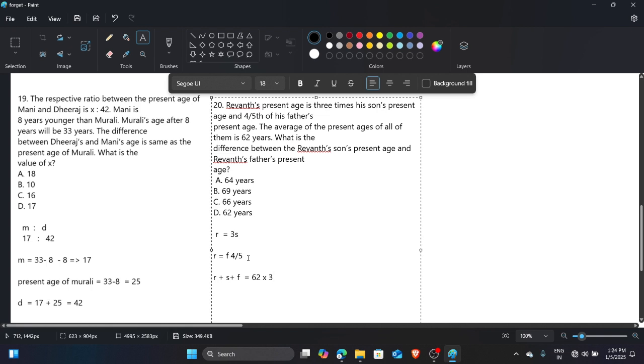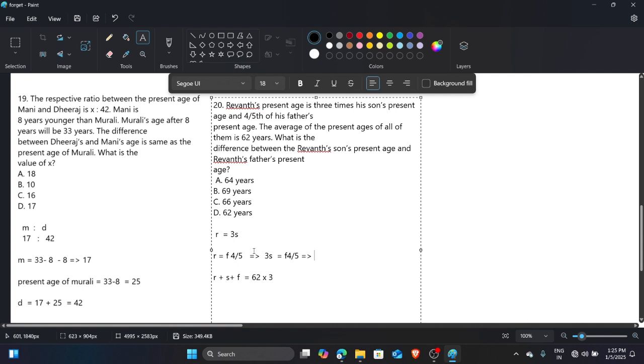We know that. And here we know this condition also, if we put them with each other, we get the value of it. So from this equation we can say that 3S is equal to F 4/5.